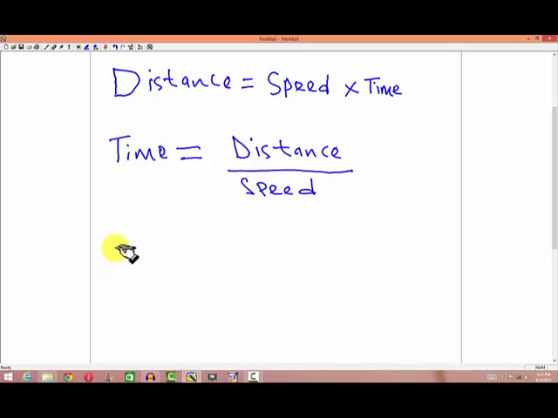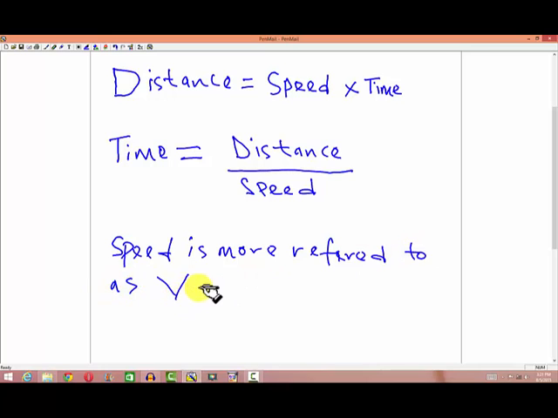Just note that speed is more commonly referred to as velocity.